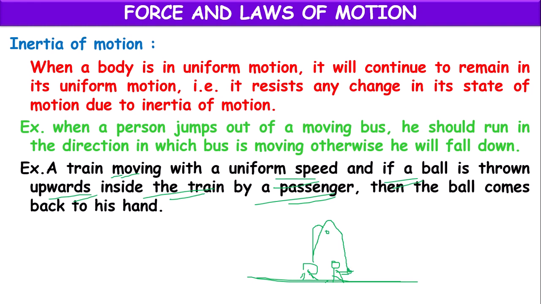Why? As we are throwing the ball from the running train, the ball also possesses the same velocity of the train. It travels for some time with the same velocity as the train, and it comes to the hand because the ball continues the inertia of motion. That's why it is coming to the hand.